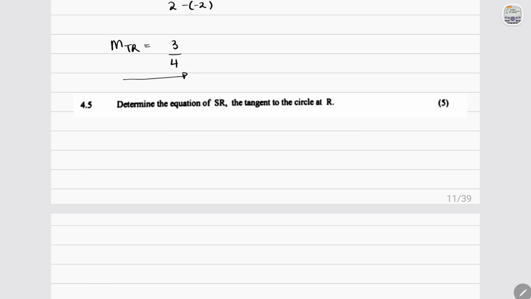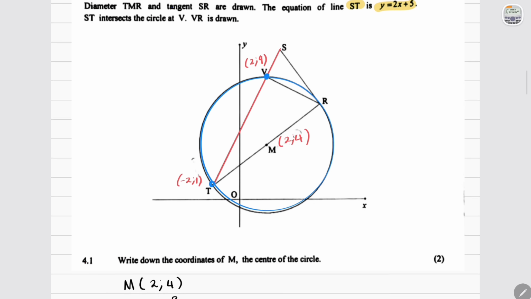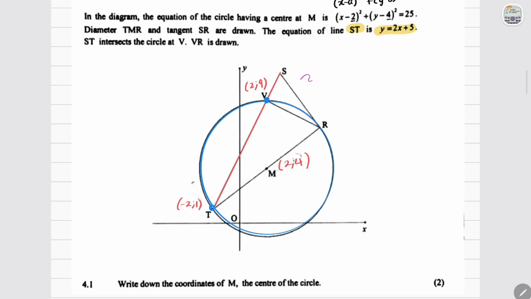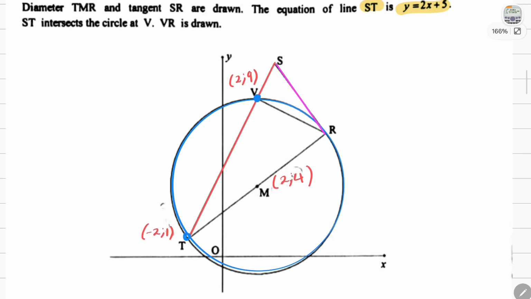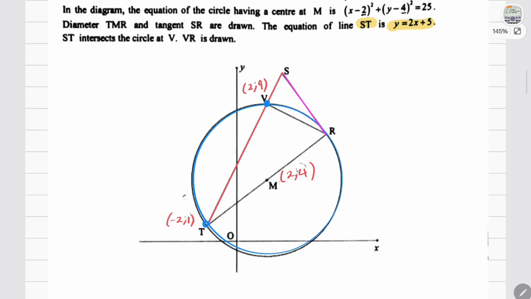Question 4.5 says, determine the equation of SR, the tangent to the circle at R. So there's this tangent to this circle, SR, and we need to determine the equation of this tangent. We actually have everything we need. We have the gradient of TR. Remember the relationship between a tangent and the radius at the point of contact.